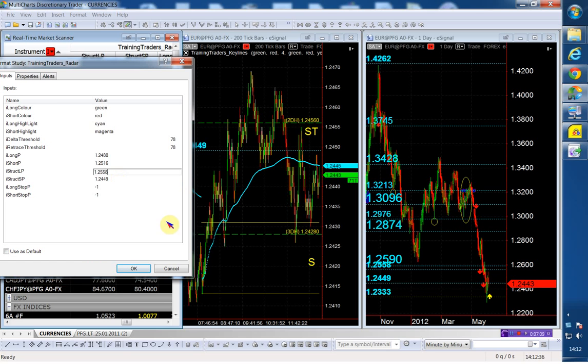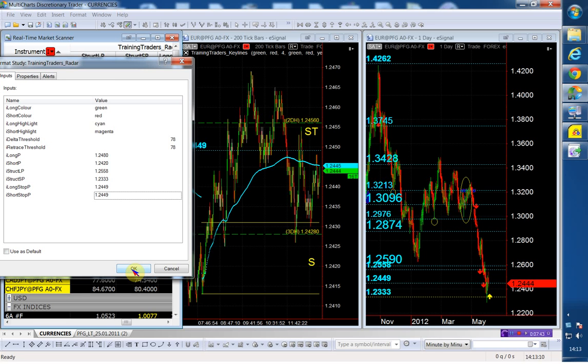And my stop is going to be 124.49, which is my structural point. On the short side, I'm going to go short below 124.20, and my structural short point is going to be the 123.33, which is the big point. And my stop is going to be the 124.49, which is the structural point either way.